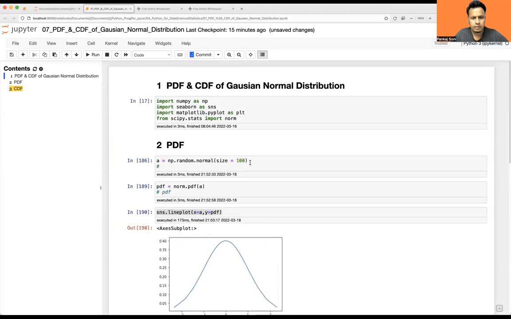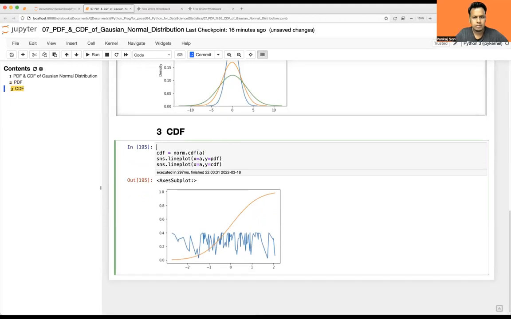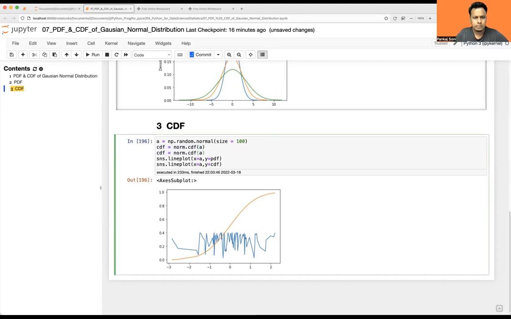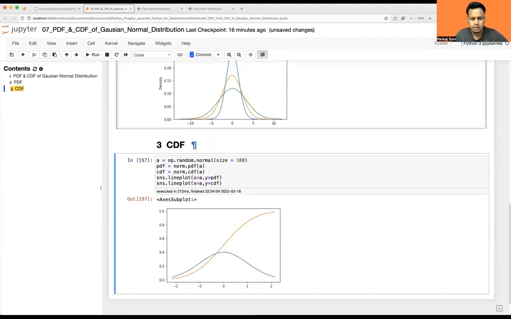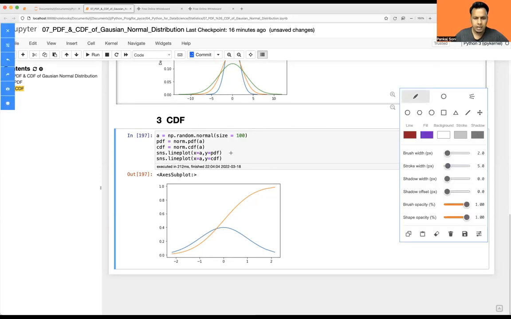PDF of A. Yeah, this should be fine. So this is what I was talking about. Let me use this pen once again and explain. See what is happening.